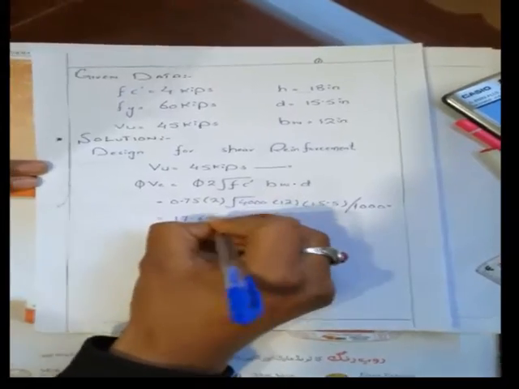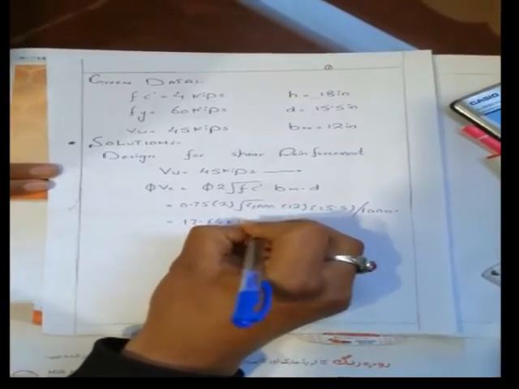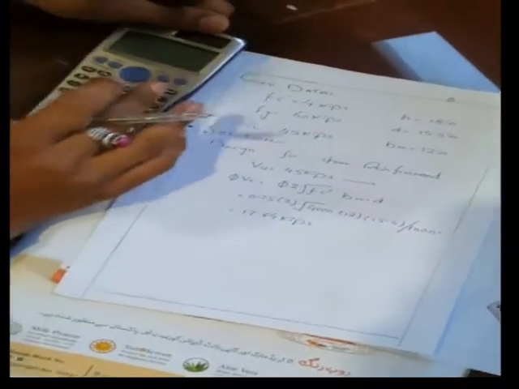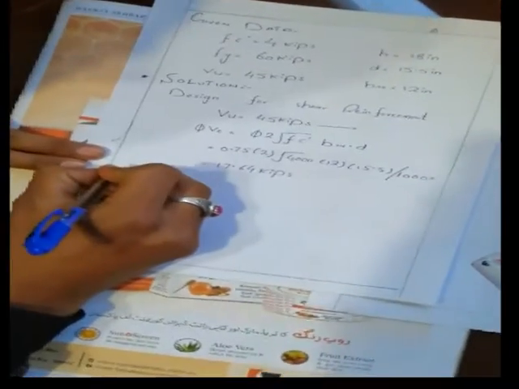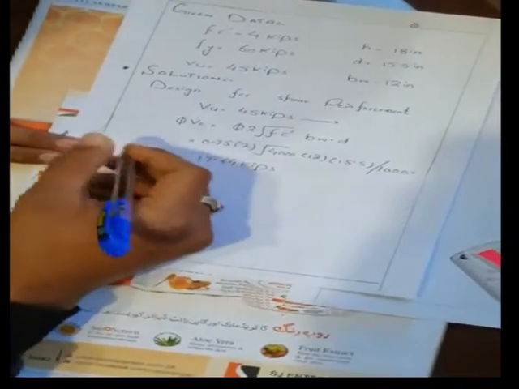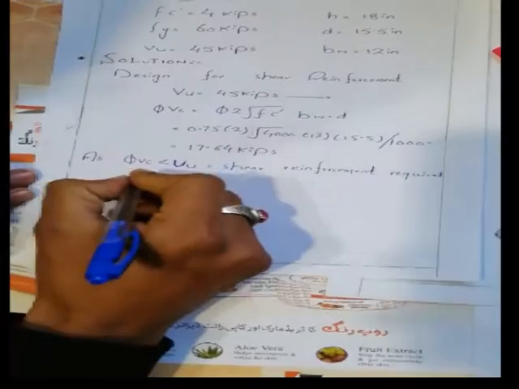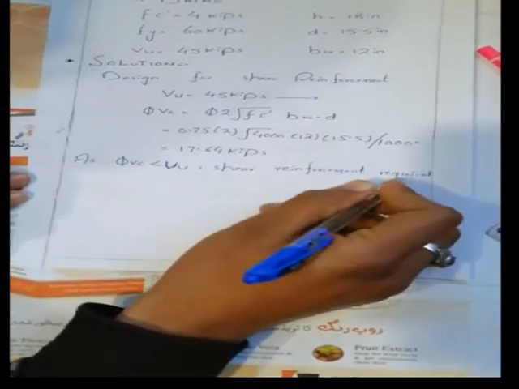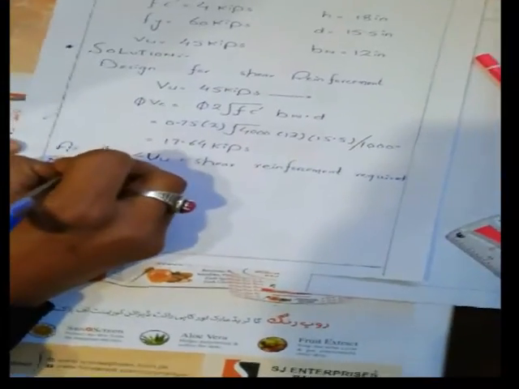So by doing the calculation we get the value, which is 17.64 kips. Let's check it once again. It's fine. Now as phi Vc is less than Vu, therefore shear reinforcement is required.